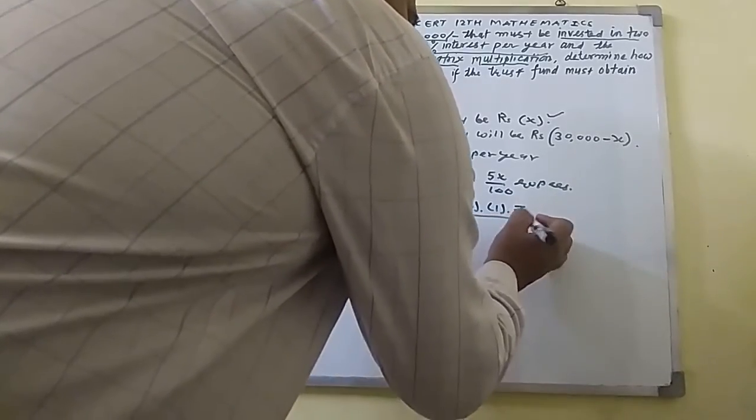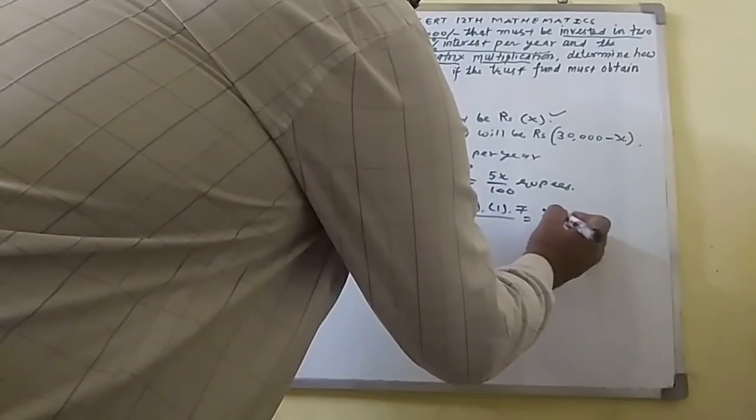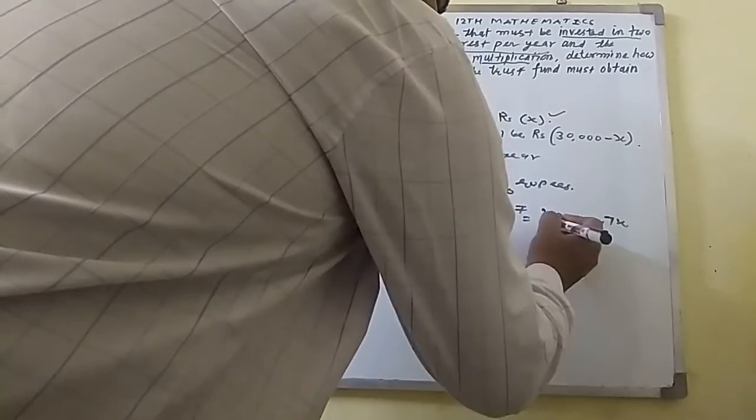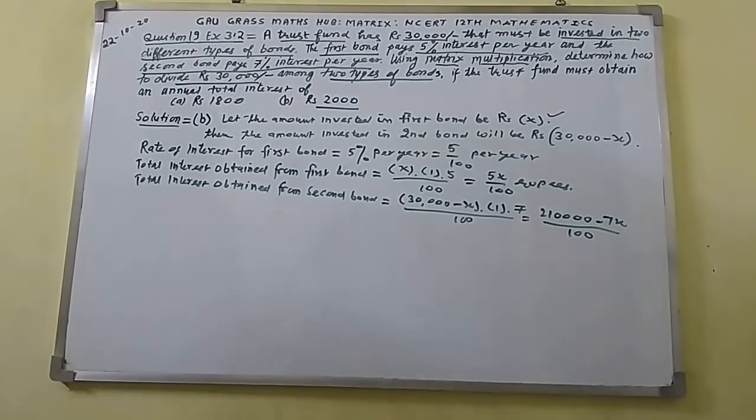Multiplying 7 by 3 you get 21, so you get 2,10,000 minus 7X over 100. This will be the interest you have got.